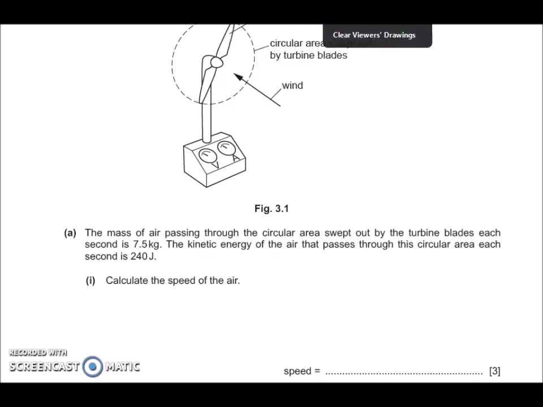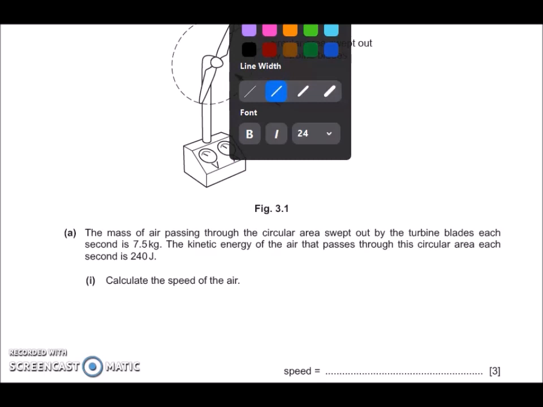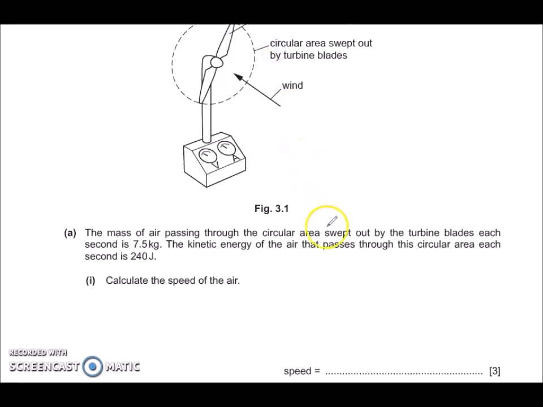We can use this calculation here, 1/2 mv squared equals 240. Then this 2 multiplied here, you get 480 divided by m, which is 7.5.